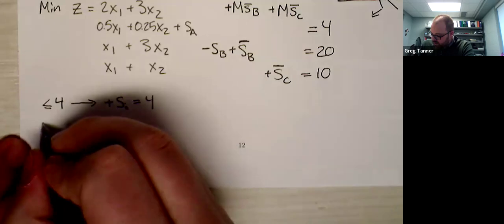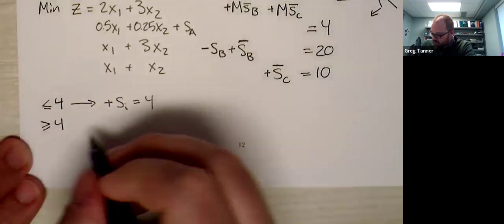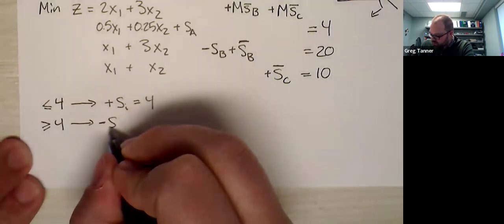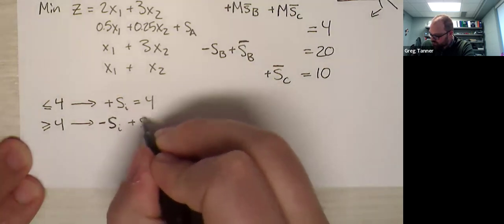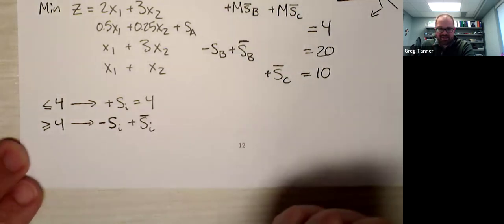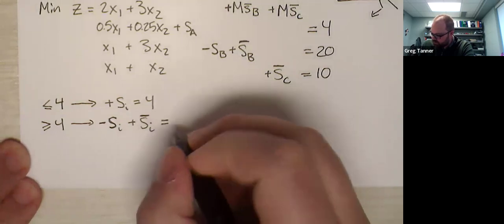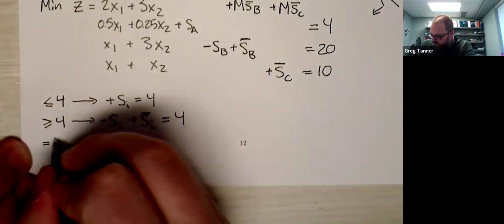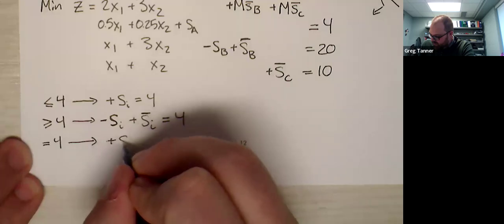If you've got a greater than or equal to some number, like 4, then you're going to introduce both a surplus variable, which you subtract, and an artificial variable, which you add. I tend to give them the same index, the one that matches whatever constraint I'm talking about. And if you're given an equality constraint, then you just add the artificial variable.